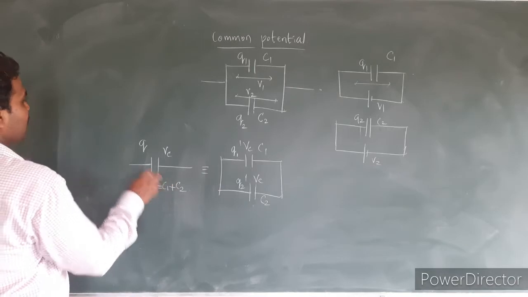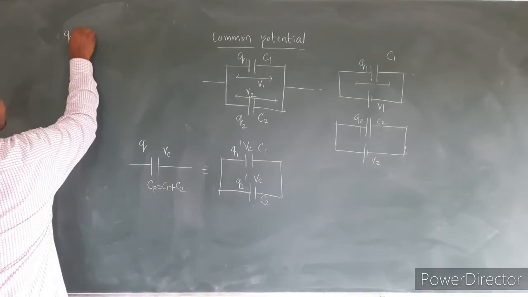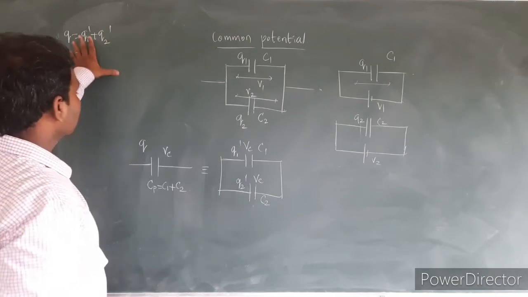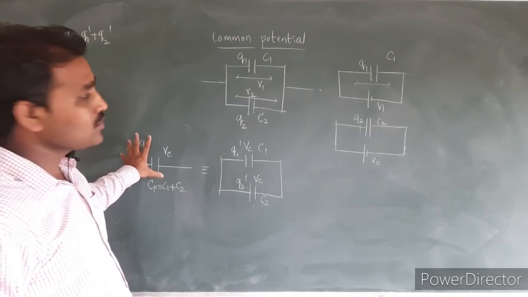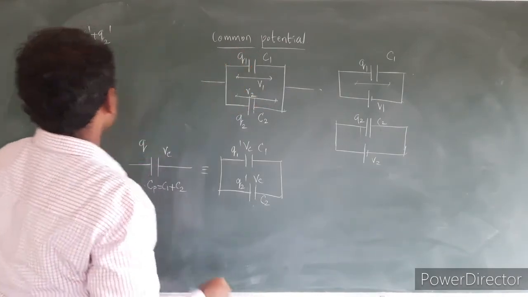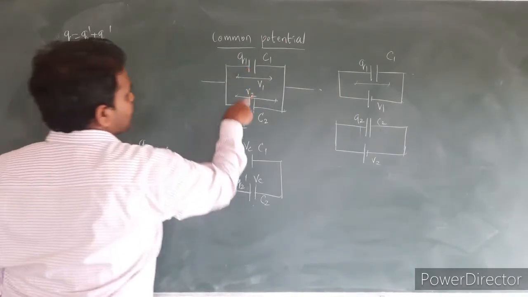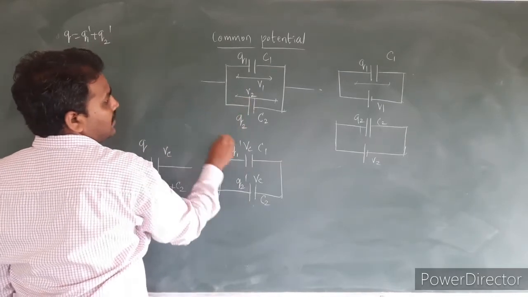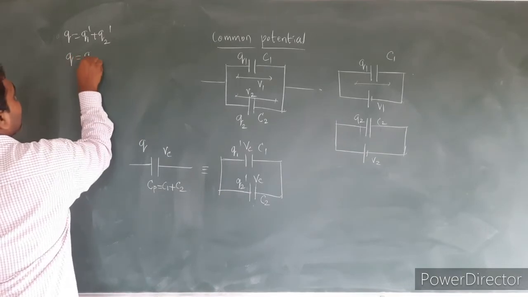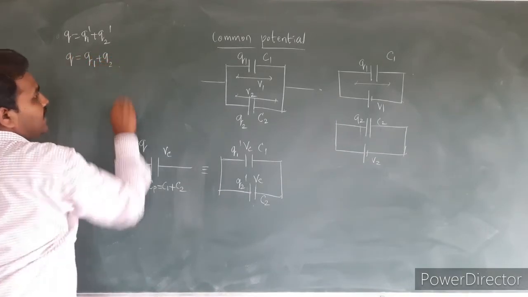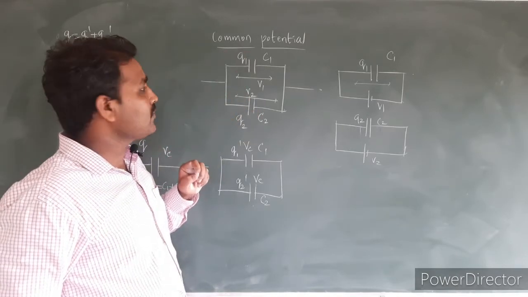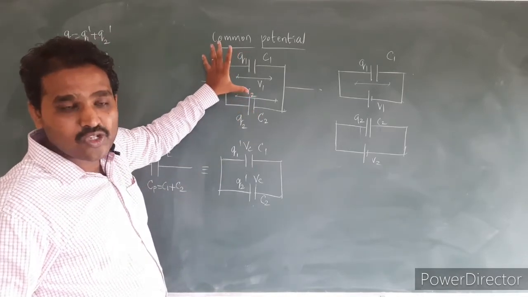So if I write the equation for this circuit, Q is equal to Q1 dash plus Q2 dash. This is considered the final effective circuit here. Again, Q is also equal to Q1 plus Q2. In both cases there is transfer of the charges, but by the law of conservation of electric charge, the net charge should remain the same.